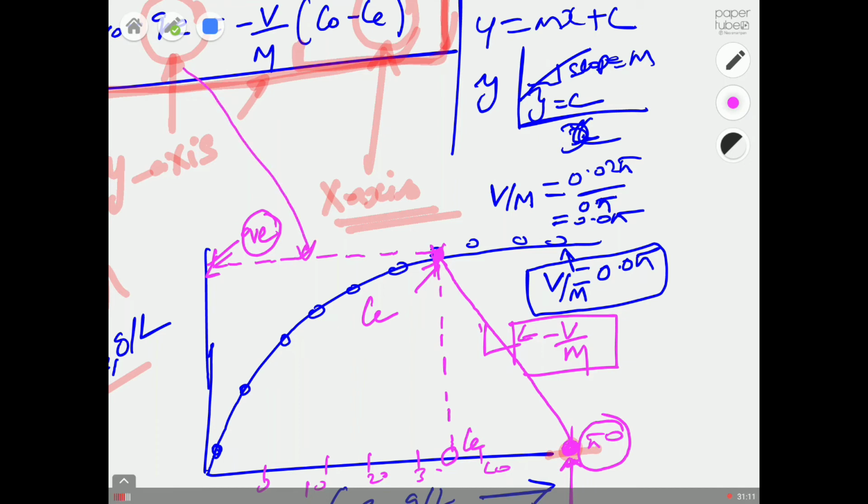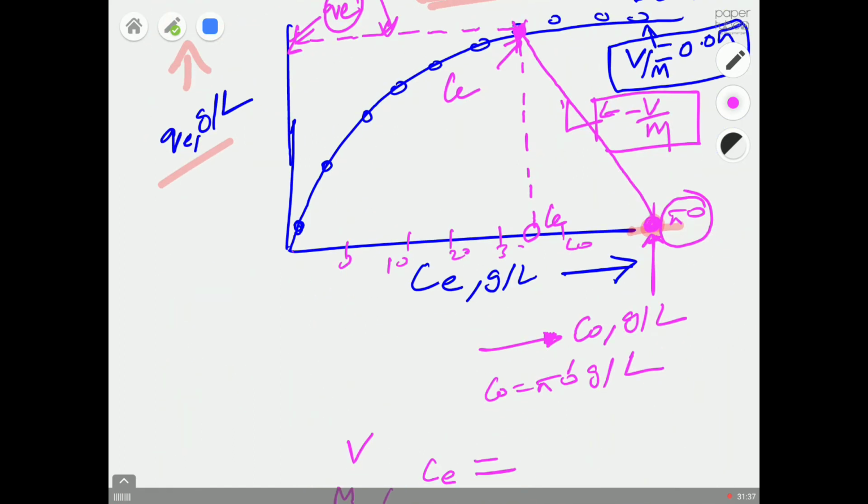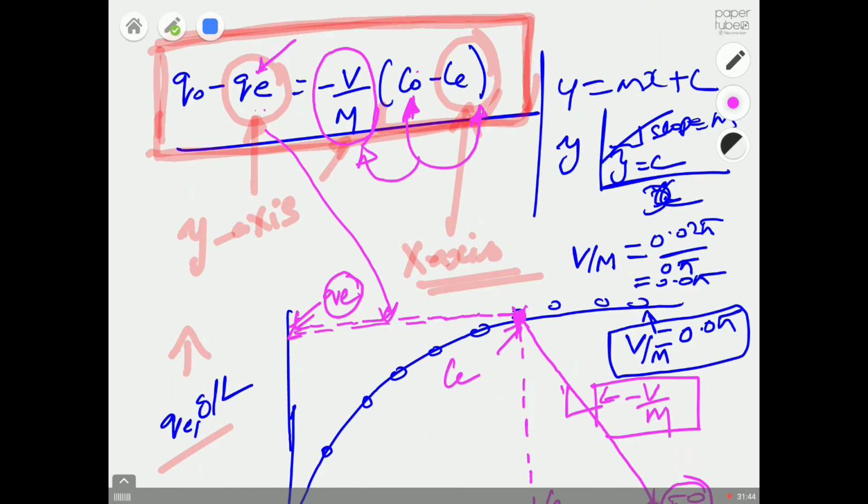So if the above expression is true, the line that connects C0 with CE, the slope of that line should be equal to minus V by M, and the line that connects C0 and CE should cut your curve at a point, and the corresponding y-axis value should give your Q0 value.